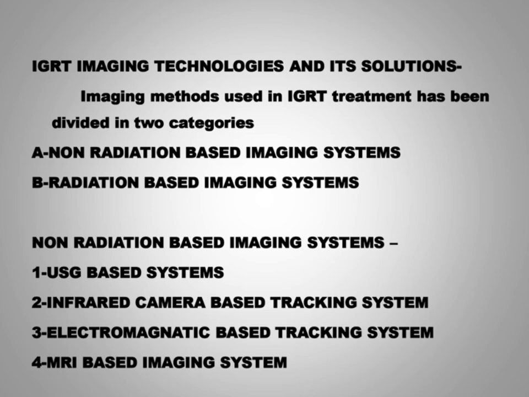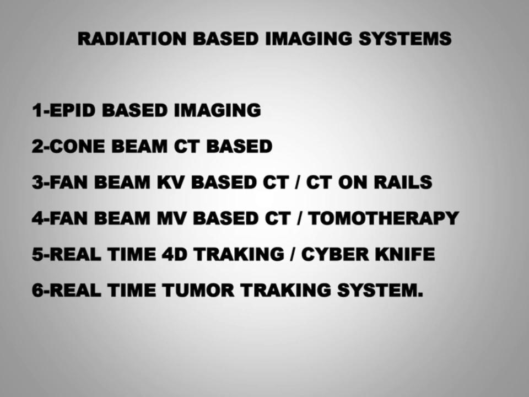The radiation based imaging system consists of electronic portal imaging devices, which is inbuilt in the linear accelerator, cone beam CT, and fan beam CT on rails or fan beam megavoltage. So fan beam having kilovoltage is called CT on rails, and the fan beam megavoltage based CT is also termed tomotherapy.